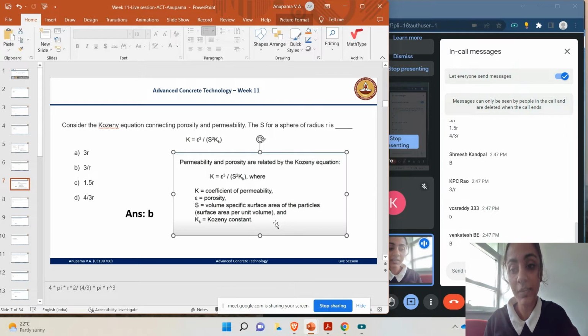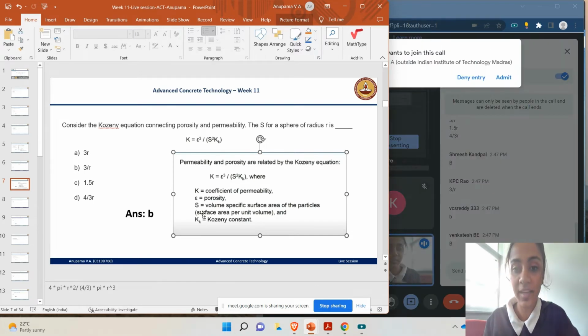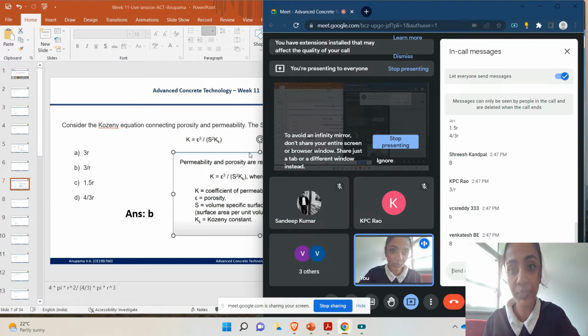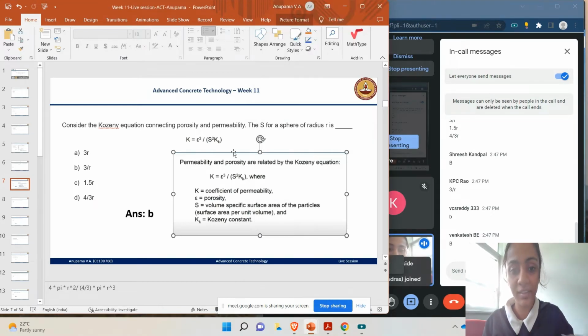So the surface area of a sphere is 4 pi r square, and the volume of a sphere is 4 by 3 pi r cube. So S for a sphere is 4 pi r square divided by 4 by 3 pi r cube. This will give the answer as 3 by r.